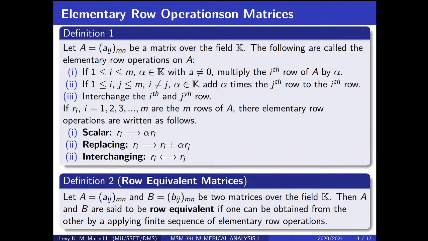We have not said infinite here, finite. So you have the first matrix and the second matrix. These two matrices are row equivalent if you can obtain either of them from the other by applying a finite sequence of elementary row operations.